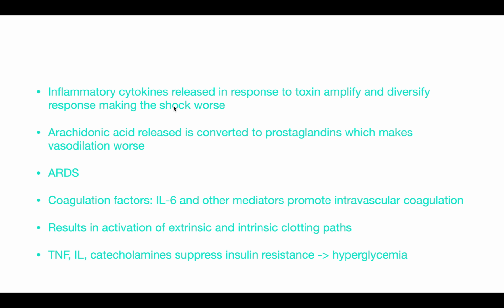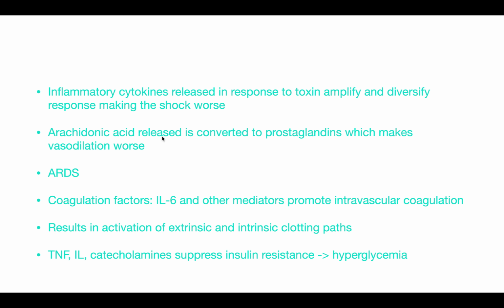So the inflammatory cytokines are going to be released by either the antigen presenting cells or the platelets in response to the toxin. And remember, there's going to be a lot of platelets aggregating. So each platelet is going to release a lot. And then now that a lot more have been recruited, there's going to be a huge amplification of the cytokines. And they diversify the response and make the shock worse.